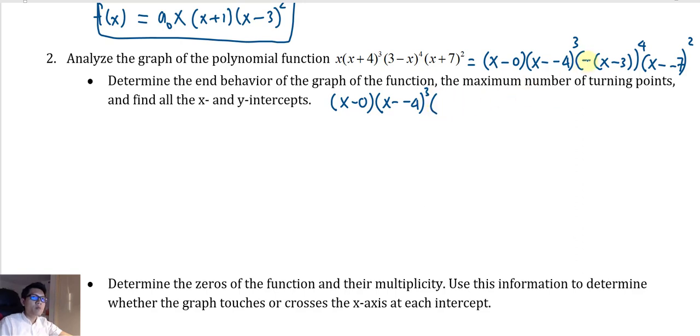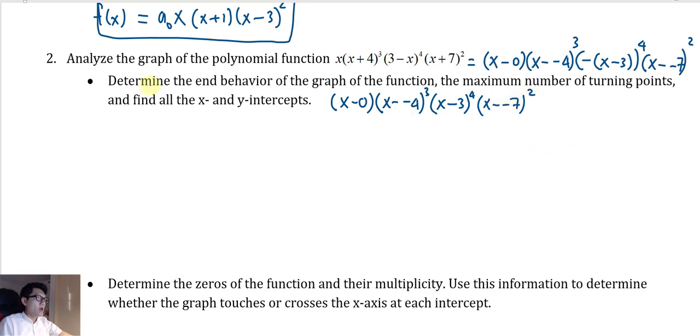So it doesn't matter for the minus to be here, because the minus to the even power becomes a positive 1. So I can just ignore that. So minus 3 to the 4th power, and then x minus 7 to the square.